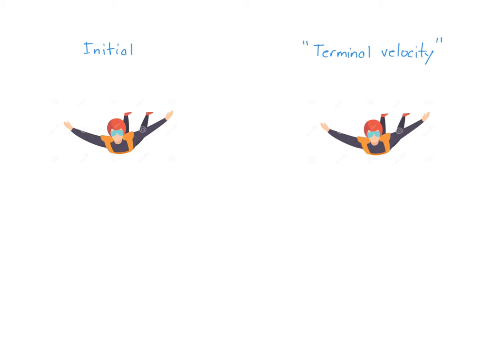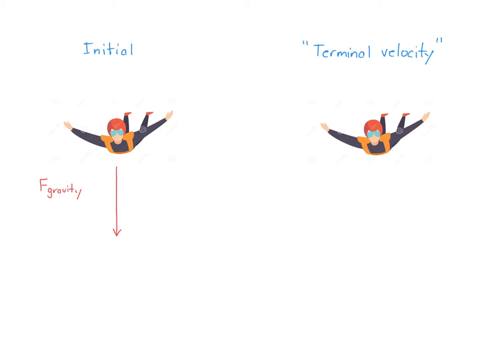So let's consider a skydiver, and they've just jumped out of a plane. And initially, the main force that's going to act on them will be gravity. And that force will act downwards, like so.